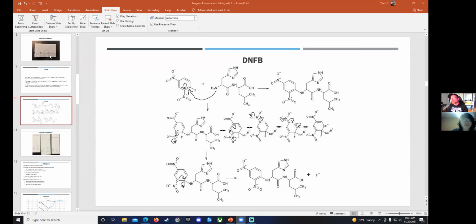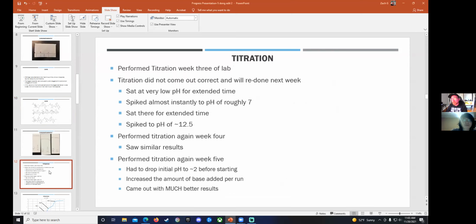Okay, so for our titration, after we had done the DNFB, we began to start the titration.